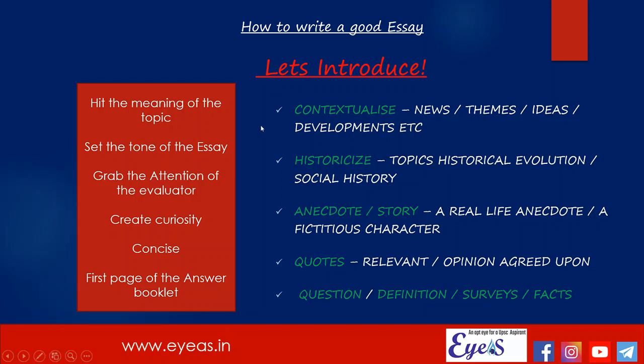Okay, there are different ways in which a good introduction to an essay can be given. The popular ways are to contextualize the topic. That means to bring the topic into the present context, why it has been asked.